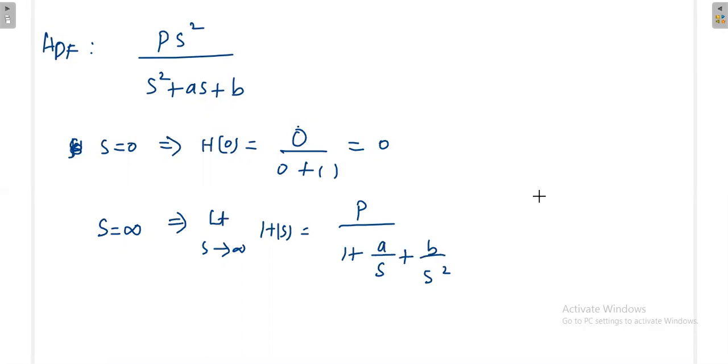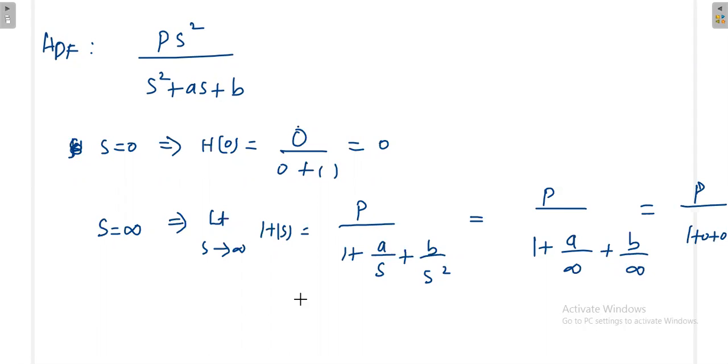Once you substitute s equal to infinity, a by infinity and b by infinity are 0, so finally you get p. That means it is not allowing the low frequency, but it is allowing the high frequency. So it will act as a high pass filter.